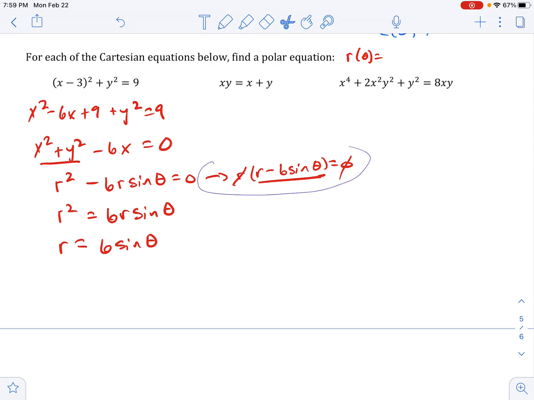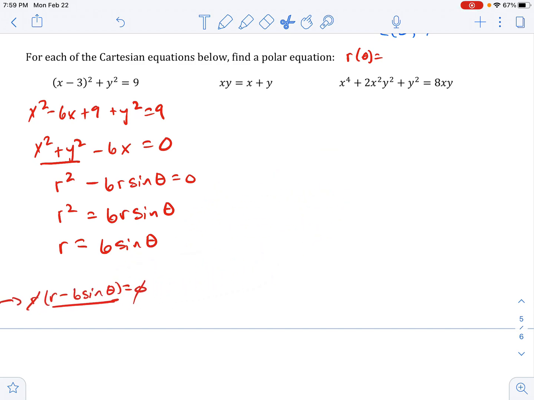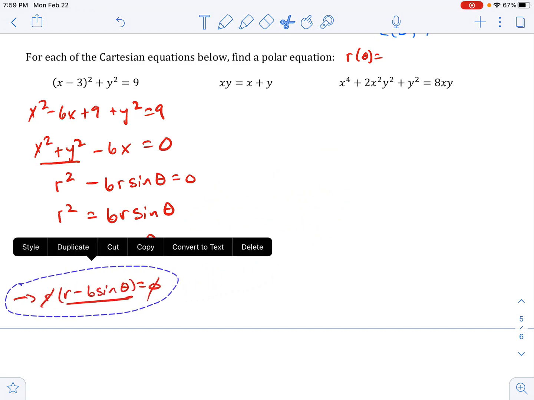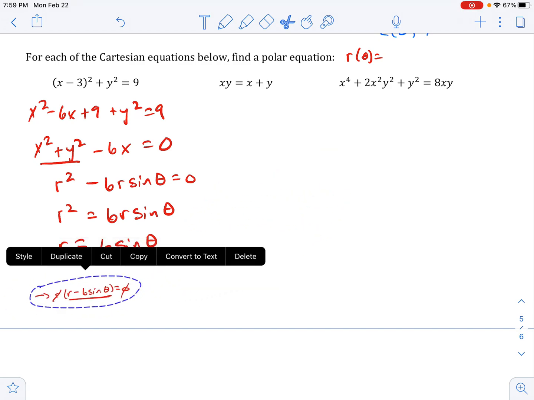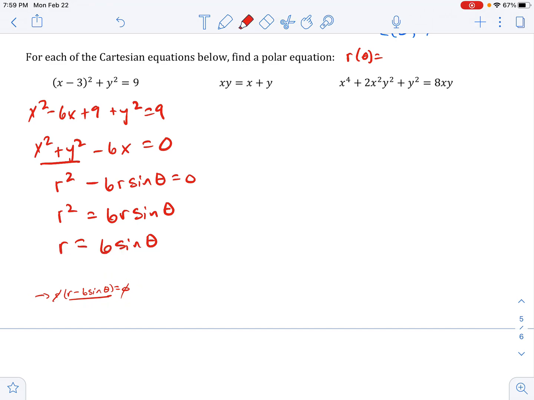So that was another possibility there, but I'm just going to put this off to the side for now. And so this is the answer that we're going to go ahead and accept. So r equals 6 sine of theta. Again, it's r as a function of theta.